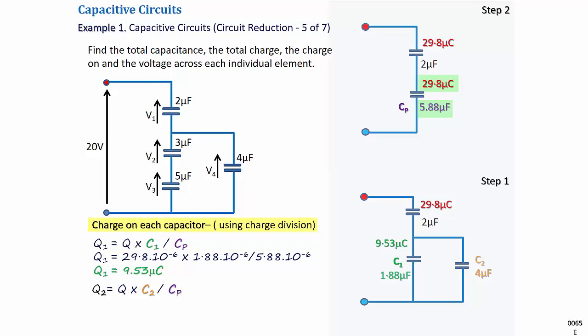So Q2 equals Q times C2 divided by CP. Substituting the values, Q2 equals 29.8 times 10 to the power minus 6 times 4 times 10 to the power minus 6 divided by 5.88 times 10 to the power minus 6, which equals 20.3 microcoulomb.